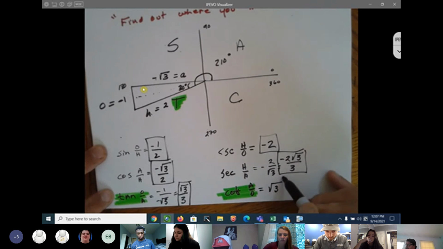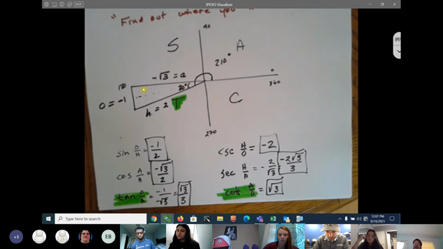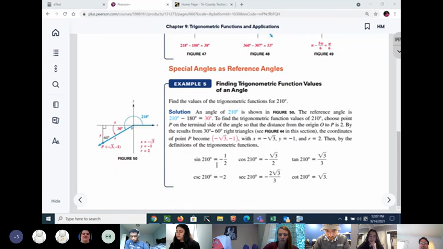Now, did y'all notice something? I didn't memorize anything. Let's go look and see if I got it right. For the sine of 210, I got -1/2. Look at there. Cosine, negative square root of 3 over 2. Tangent, square root of 3 over 3.